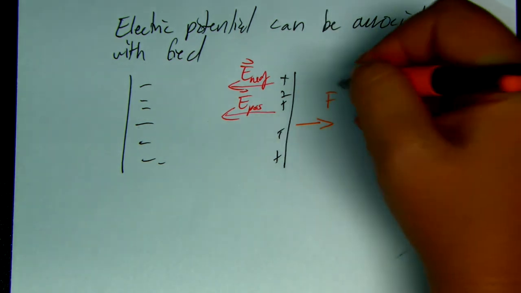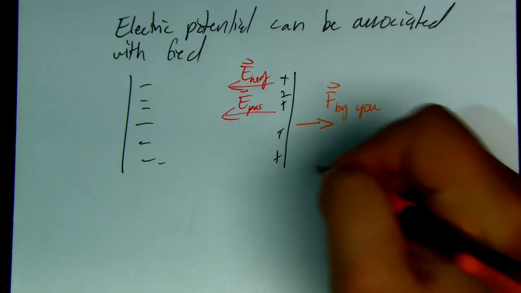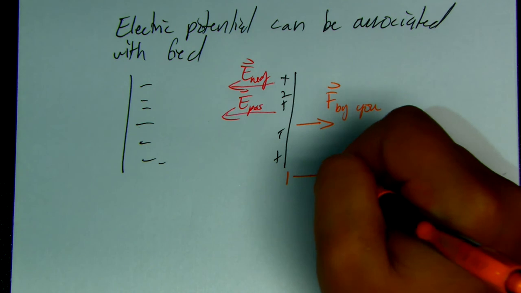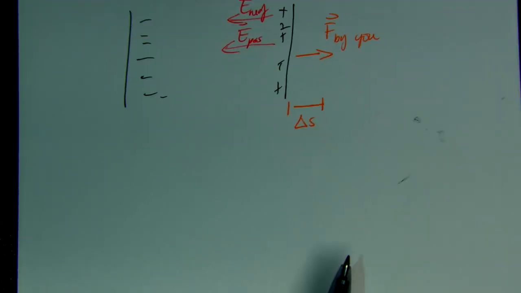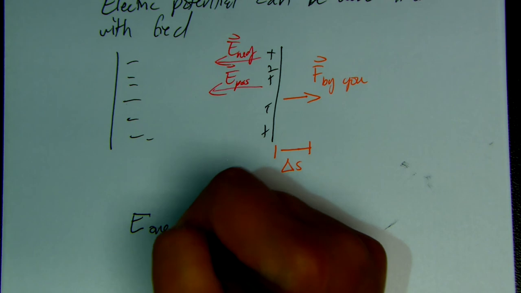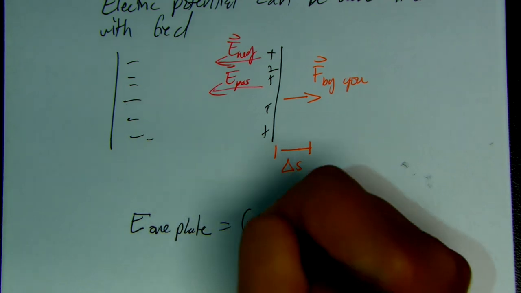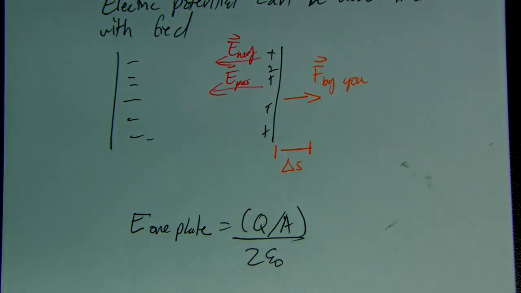Now, what if we were to apply a force onto one of the plates to move it? So a force by U, and it's going to move it some delta S. And so that's going to change the field in the capacitor. So the electric field of one plate is Q over A divided by 2 epsilon naught.